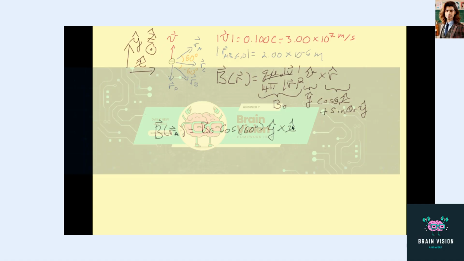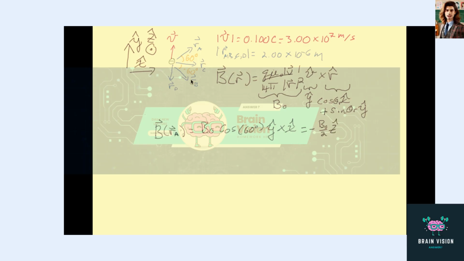And this evaluates to negative z hat, and cosine of 60 degrees is 1/2, so we can write this as negative B naught over 2 in the z hat direction.